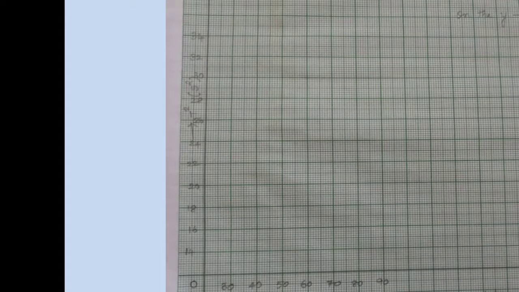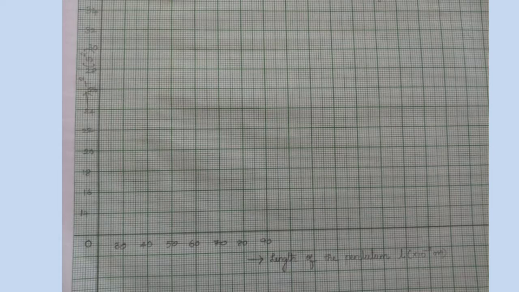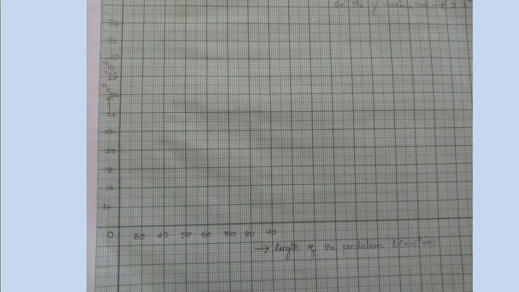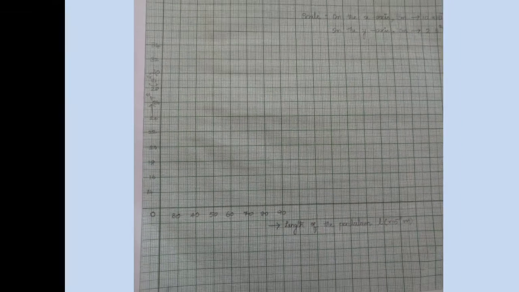So 1 centimeter is around 2 seconds square, and we have plotted till 34. It is not necessary to start from 10, 20 or 2, 4, 6. We can start according to our readings. My beginning reading is only 40 centimeters, so I have started from 30.